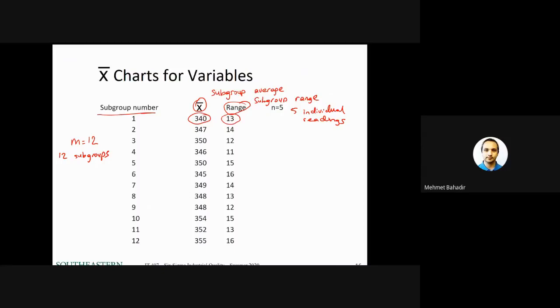An hour later, you went back to the production line, picked 5 more parts, recorded them, went to your office, and again calculated the subgroup average and the range. This is how you create the table. But in our case, the subgroup averages and the ranges are already given to us to make our life easier.